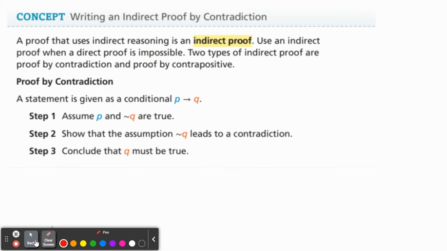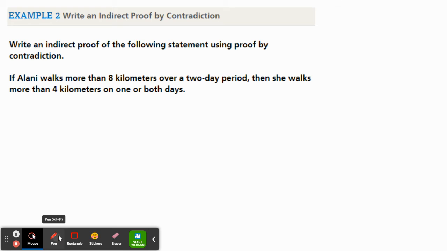And that's how you arrive at your conclusion. Okay, so let's take this idea and apply it to this proof by contradiction. It says, write an indirect proof of the following statement using proof by contradiction. If Alani walks more than 8 kilometers over a 2-day period, then she walks more than 4 kilometers on one or both days. So here's your if P then Q statement, right?